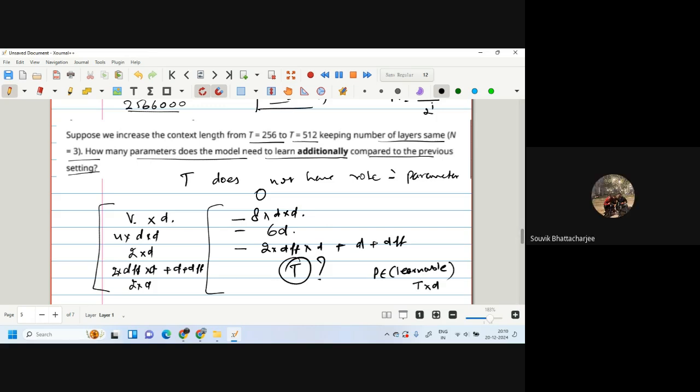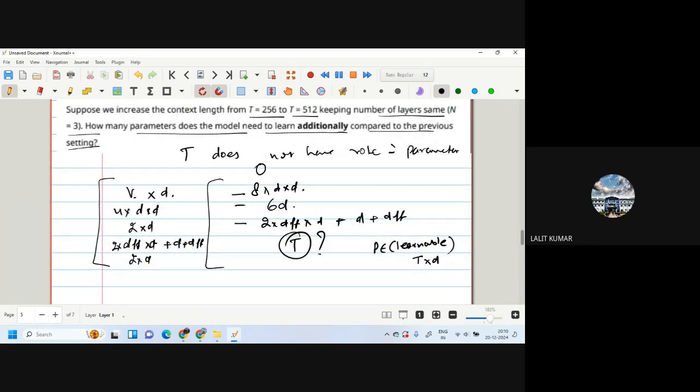One thing in GA1: the input embedding parameters, T was considered. It was batch size into T into D model. No, we will see that question also later.